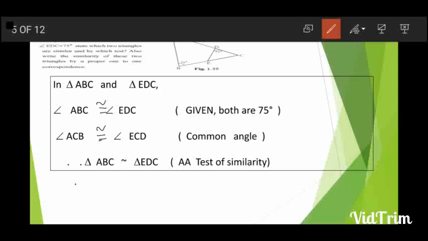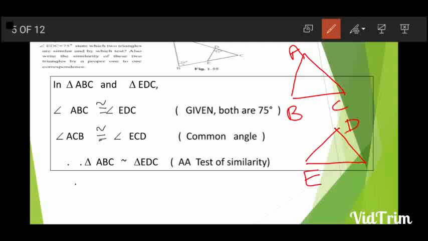Now I am going to draw the two triangles separately. For example, let me draw triangle ABC and triangle EDC. Now see here, they have given this is 75 degrees and they have also mentioned this is 75 degrees.